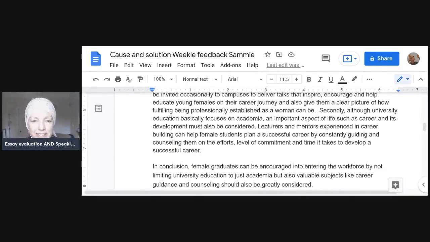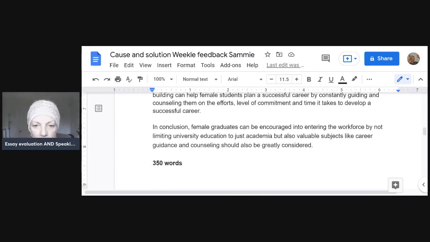Secondly, although university education basically focuses on academia, an important aspect of life such as career and its development must also be considered. Lecturers and mentors experienced in career building can help female students plan a successful career by constantly guiding and counseling. Okay.